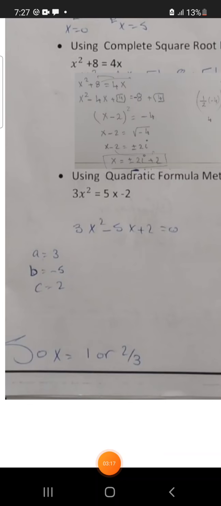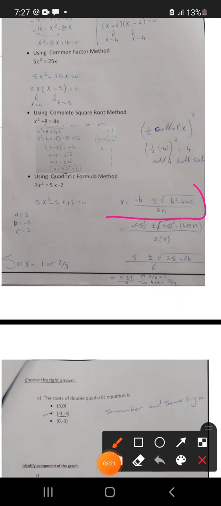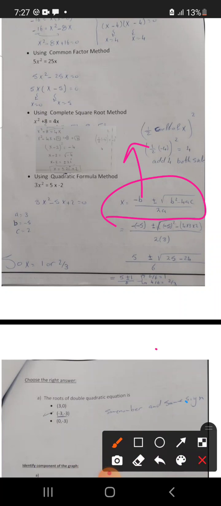What about using the quadratic formula? You should know this rule, and I want to tell you it is given in the exam. What you will do again is get A, B and C, but before this, you should make sure everything equals 0.